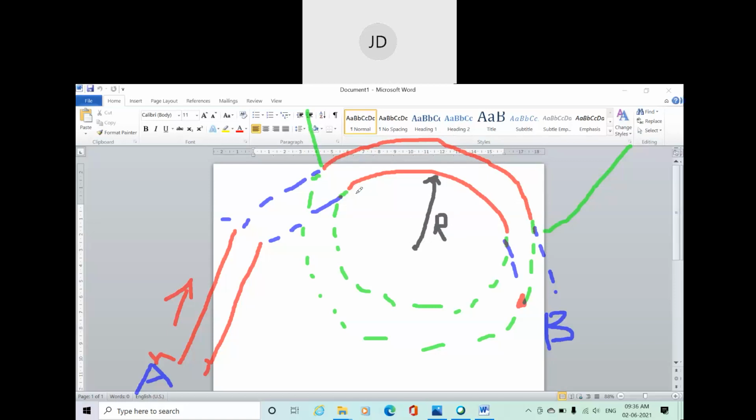Degree of the curve means the angle subtended by this arc at the center.